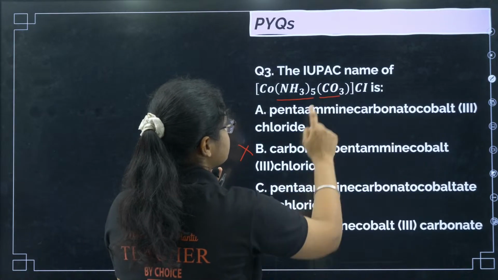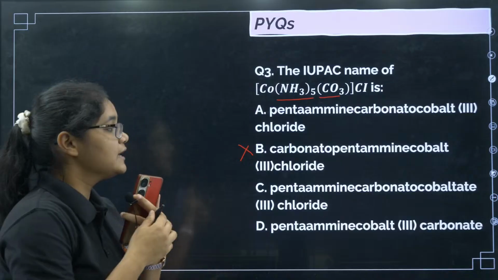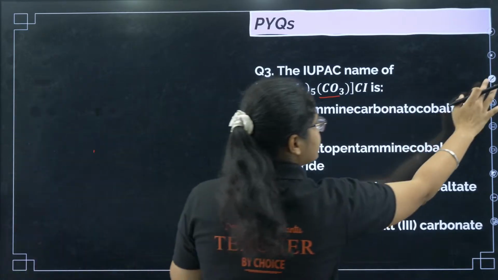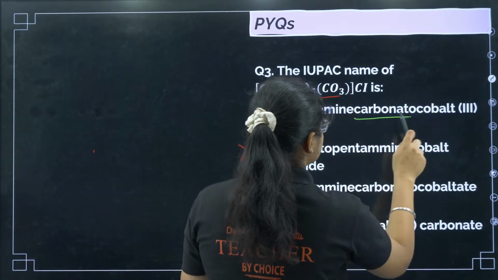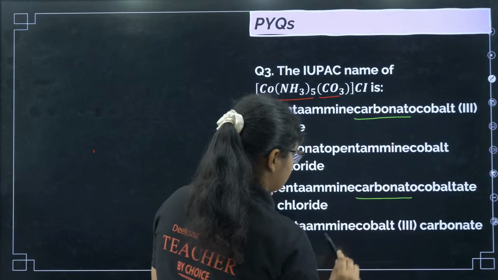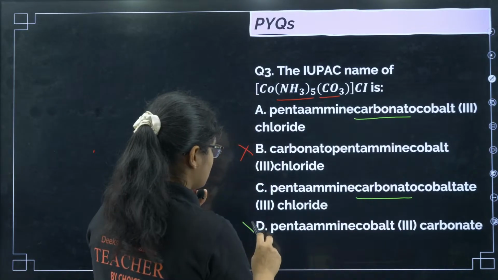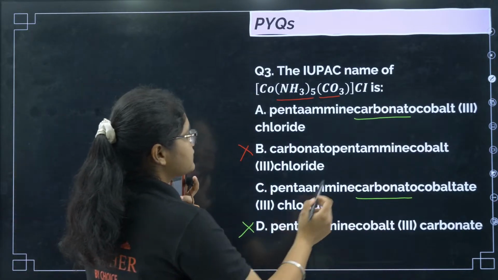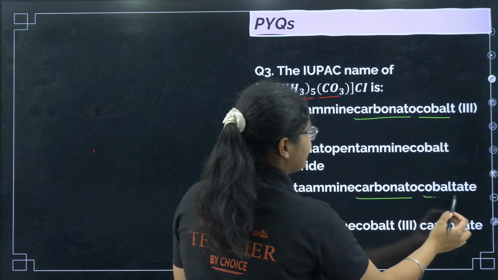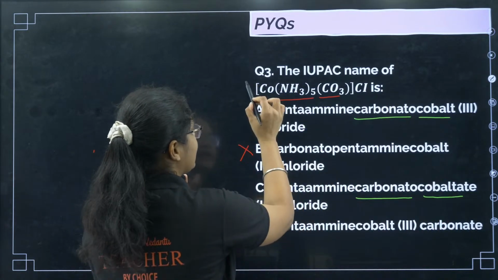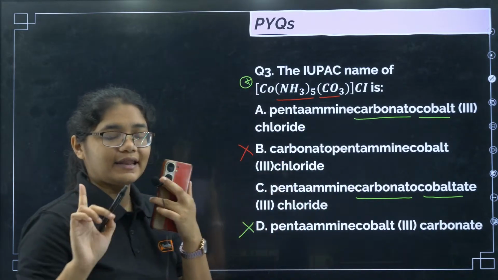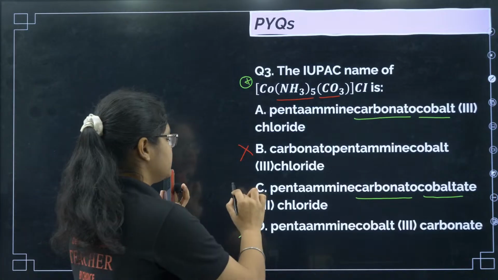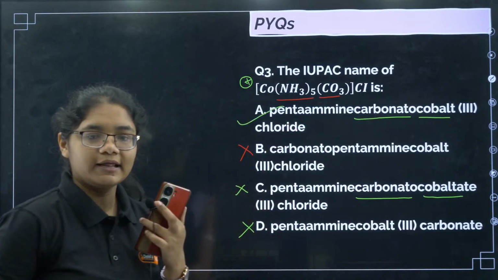Then CO3 is named as carbonato. Carbonato is there, here also carbonato is there, here carbonate is not there, so eliminate this one. Next, cobalt is there, here cobaltate is there. You know this is a cation, and in a cation the name doesn't end with ate, so this is also wrong. We have option A here.